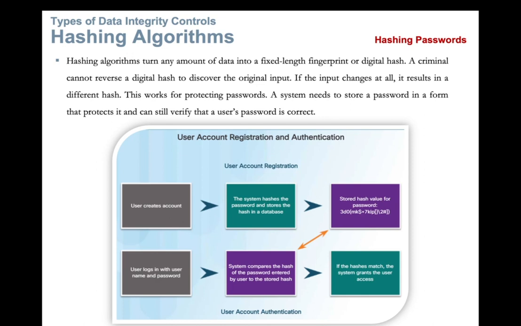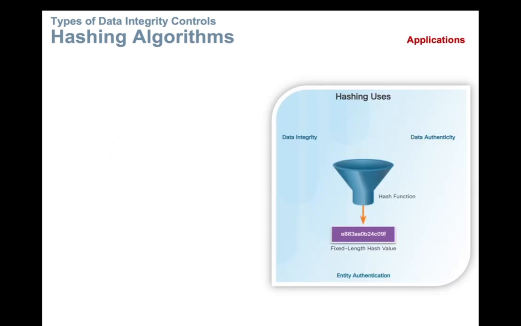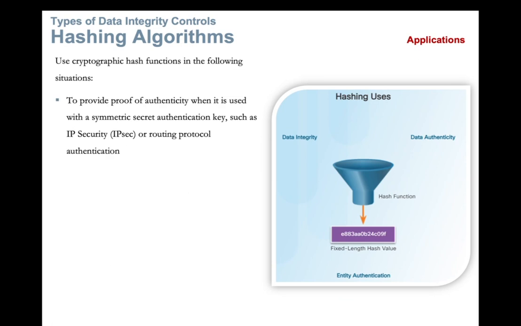Now let us see hashing algorithms in terms of their applications. In hashing, the applications use the cryptographic hash function. In some situations, this function provides proof of authenticity when used with a symmetric secret authentication key.